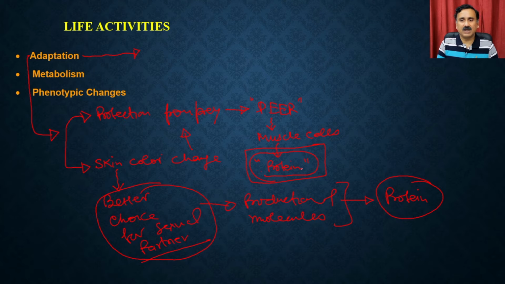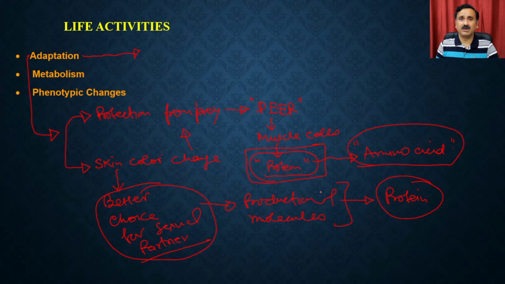And the protein production is directly linked to the generation of the amino acids, right? Which means if you have to synthesize a protein, you also have to synthesize the amino acids, and then you have to connect these amino acids in a specific order.